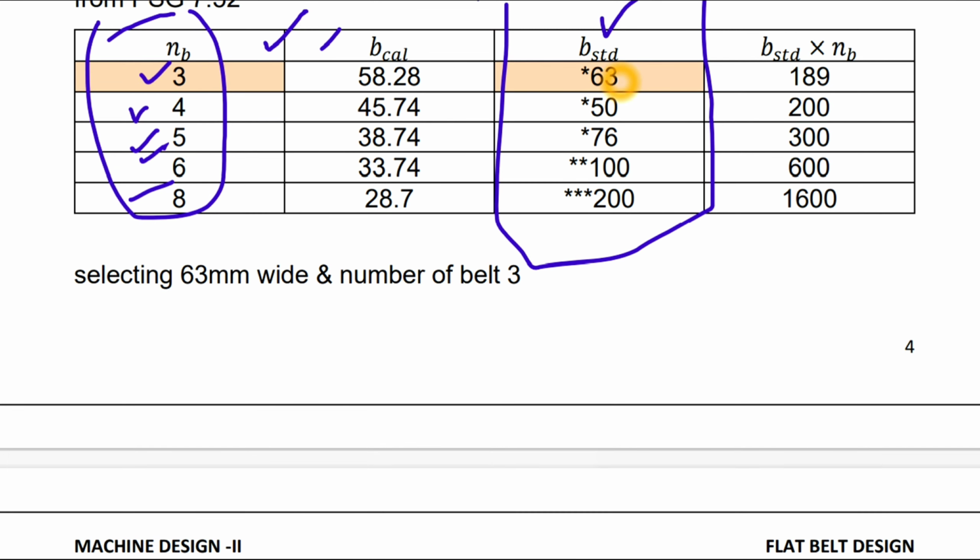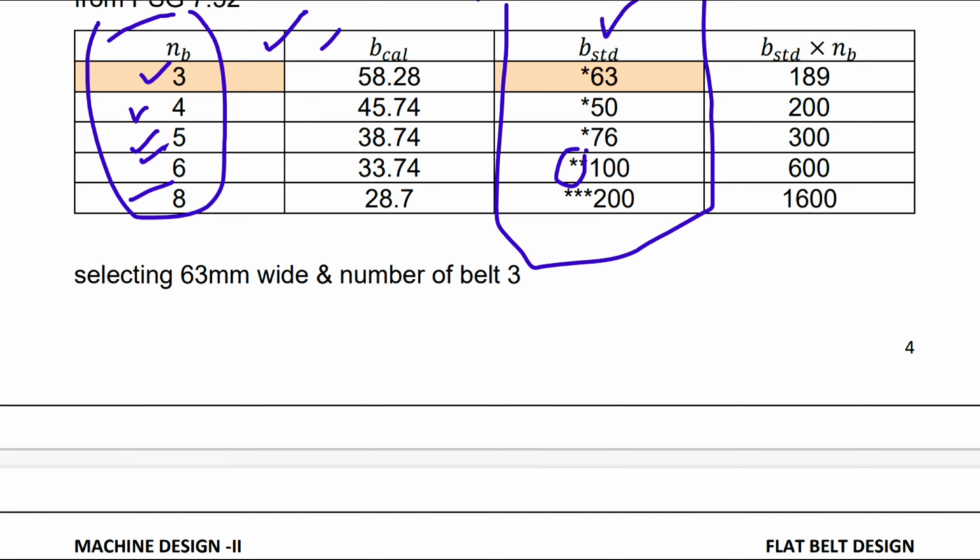So we select 63 with one star. Now what is this star? These sizes with a star are available in high speed and fault. For double star, these sizes are available in high speed only, whereas for one star these sizes are available for high speed as well as for fault, and for three stars these sizes are available for fault only.